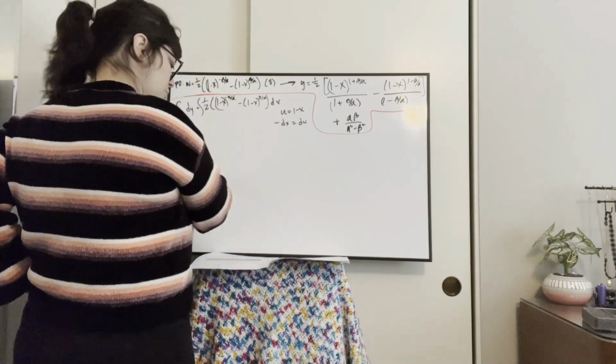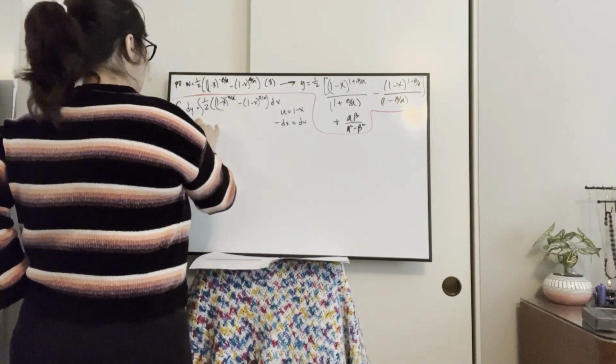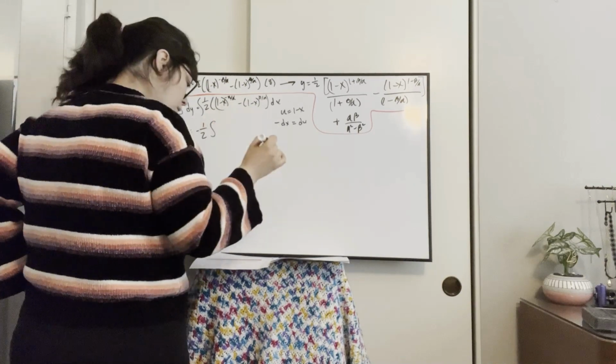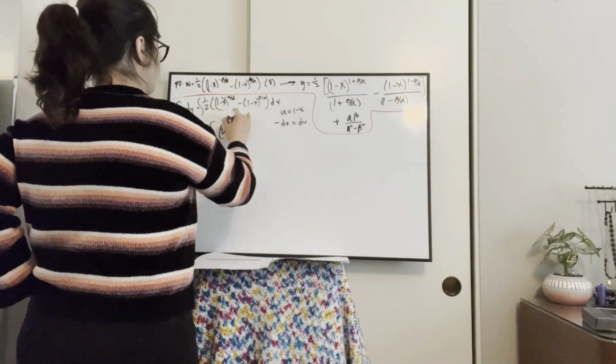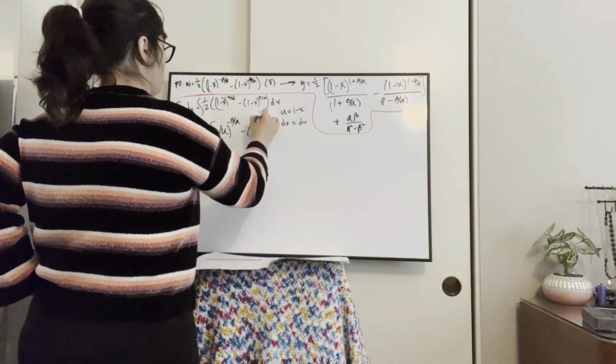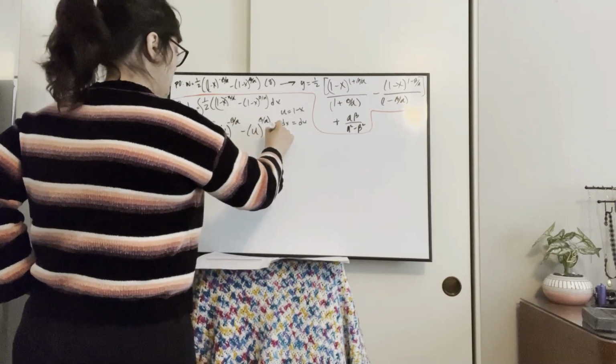And so that's going to leave us with y equals negative 1/2 times the integral of u to the negative beta over alpha minus u to the beta over alpha du.